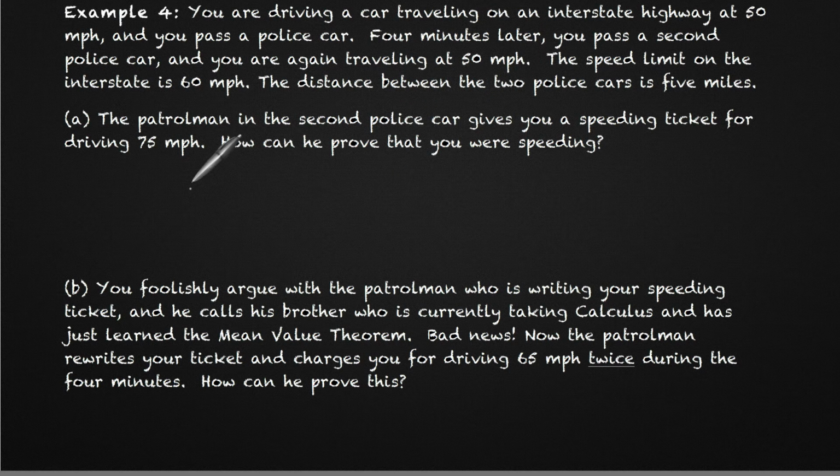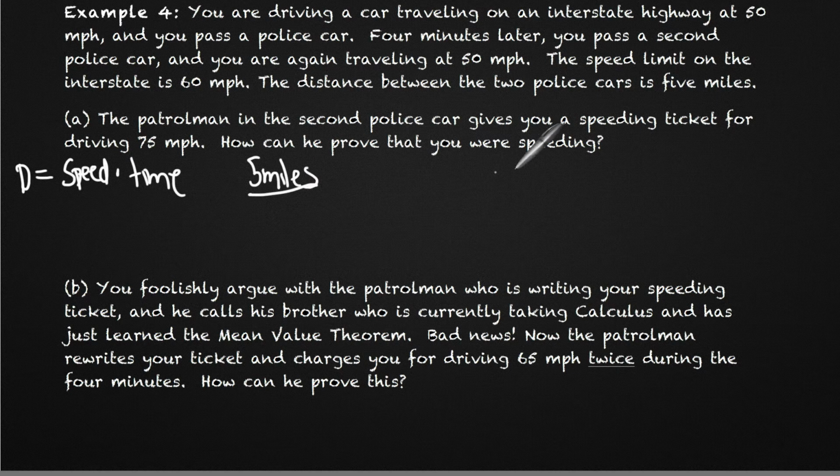Well, guess what? He can use the mean value theorem. Well, let's just take a look at it like this. Distance equals speed times time. So total distance that he travels, 5 miles. Okay, total distance. And the time is going to be 4 minutes.